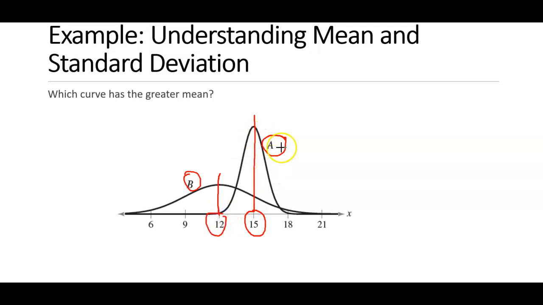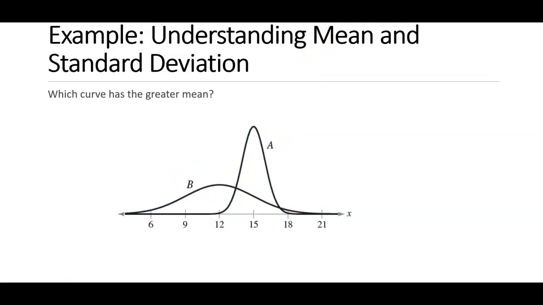So definitely the mean of A is greater than the mean of B. Now if I ask you which one has the greater standard deviation, B is much more spread out, and A is not as spread out. So the more spread out graph has the greater standard deviation. In this case, B is the winner.